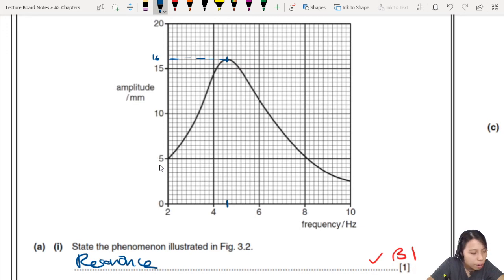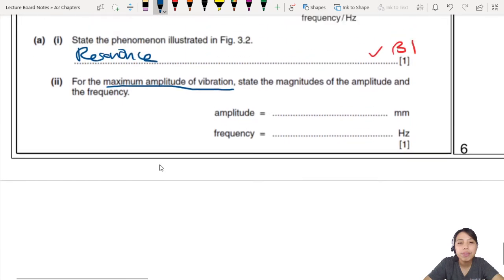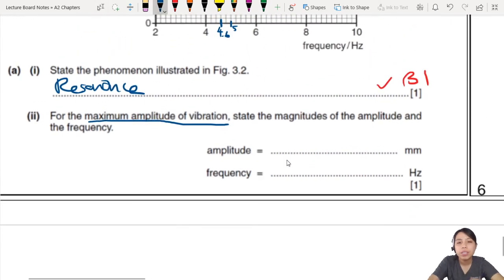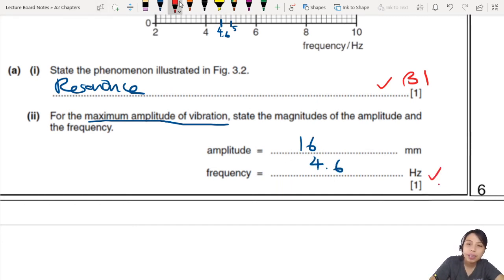This is, wow, I cannot really see. 4.6, because this is 5 already, ma. Okay, so we're going to write down what we see in the graph right here. So amplitude is 16, 2SF, okay lah. Frequency is 4.6. If you get both correct, give yourself an A1 mark for accuracy.